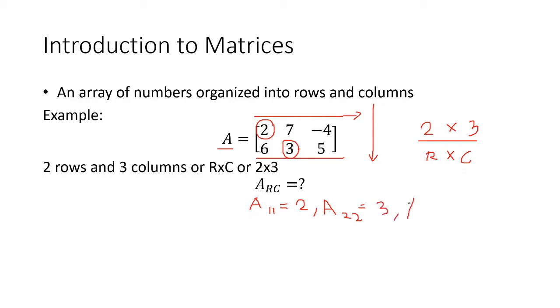Another example, A sub 1 3. A sub 1 3 is found in the first row and also in the third column. So this is negative 4. Remember to specify where it is located in the matrix. Very simple.